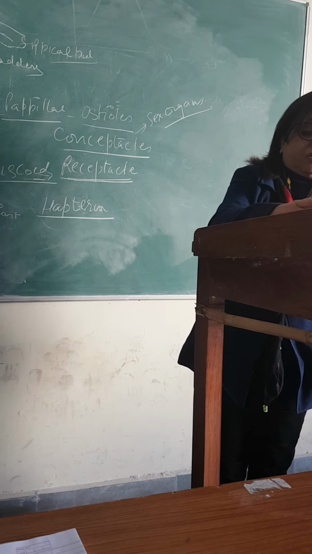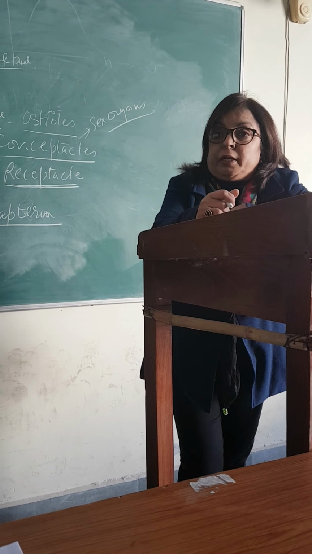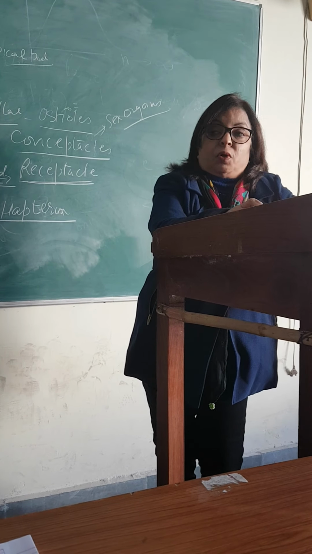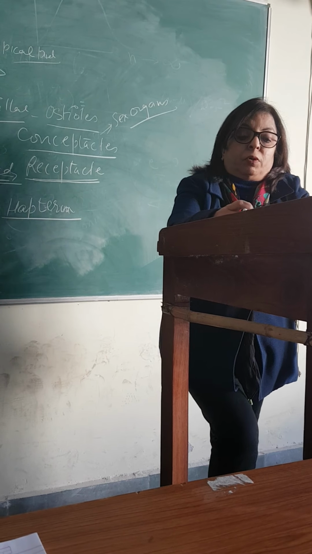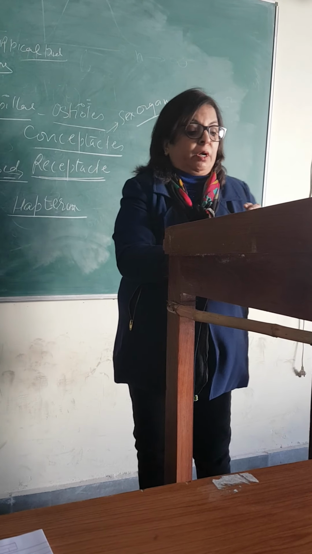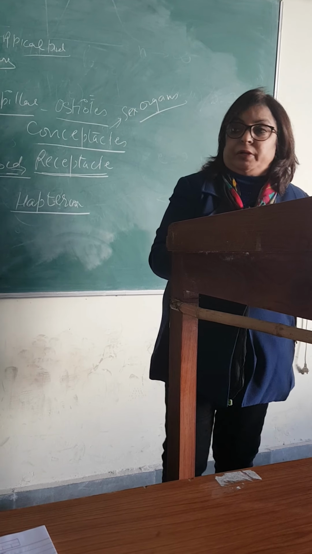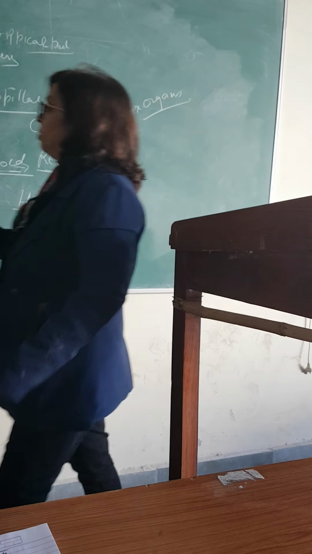And then the thallus of fucus is also very complex. When we see internally the structure of the thallus, it is quite complex, and it shows us the differentiation of the plant body into organs. If we see internally the structure of the thallus, then it can be divided into three parts: meristem, cortex and medulla.